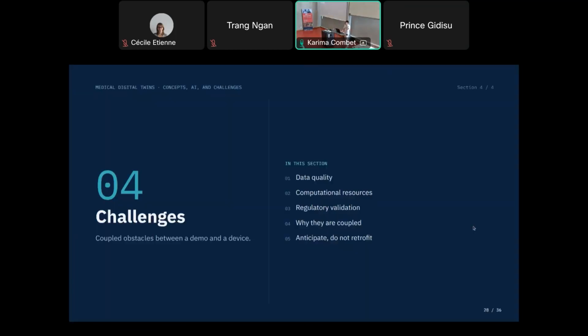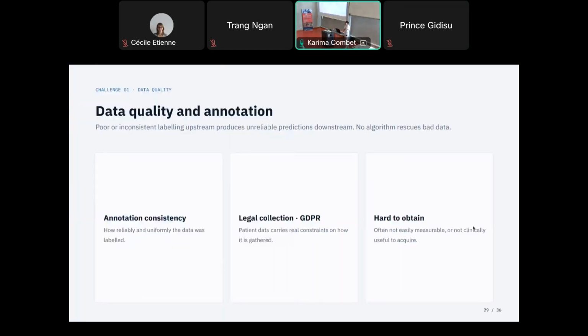I will just give you some ideas about the challenges we face in making this digital twin reliable. It's the data quality first. As you already know, training models needs reviewed data with quality metrics, and there are some expectations from regulations.